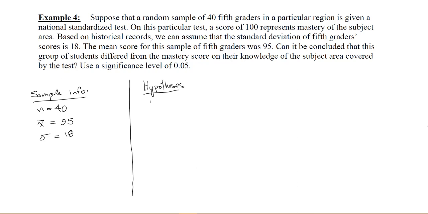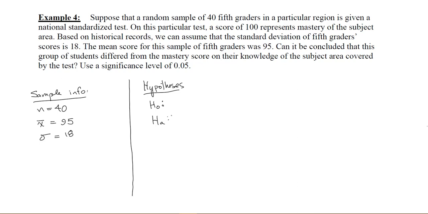For this we need our H0 and our H1 or our HA, whichever you want to call it, our alternative hypothesis. And for this we need to decide what our benchmark is. So what are we trying to find out?